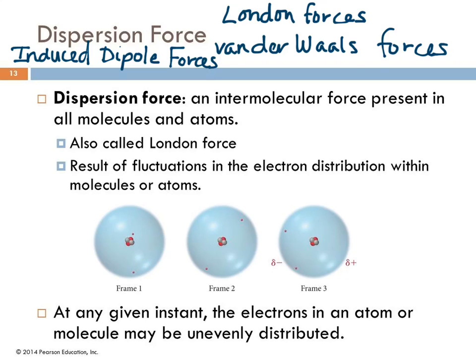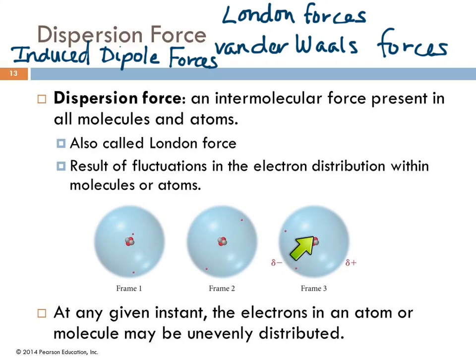All molecules and atoms have dispersion forces, and these are a result of fluctuations in electron distribution. So here's an illustration of, what is that? That must be helium. 2 electrons, right? And so if we look at any given instant, chances are pretty good that those electrons are going to be spread out in that orbital they're occupying, right? But occasionally, they could both end up on the same side.